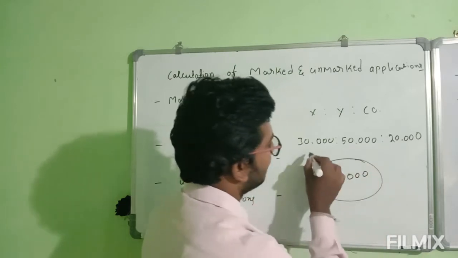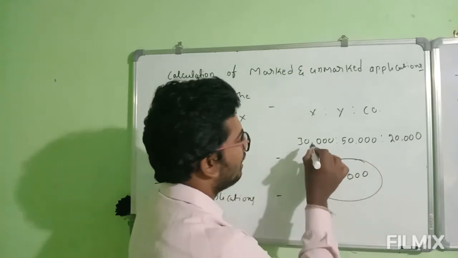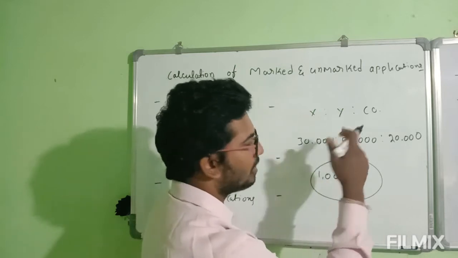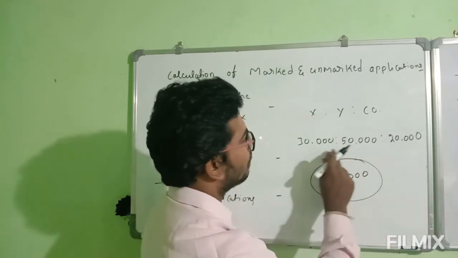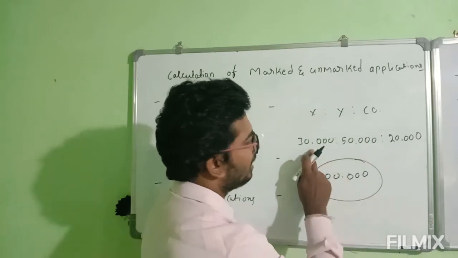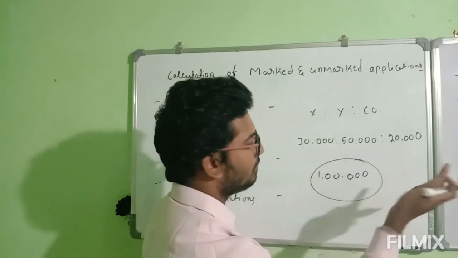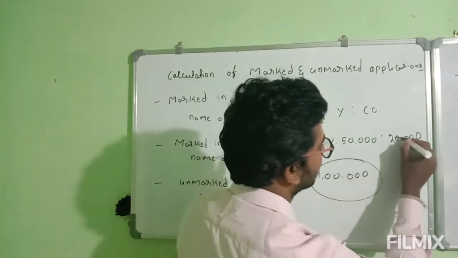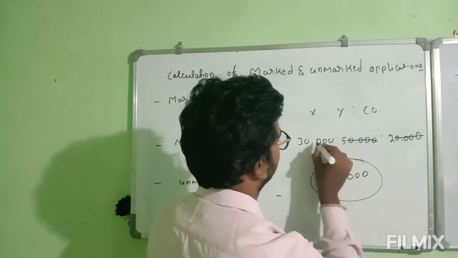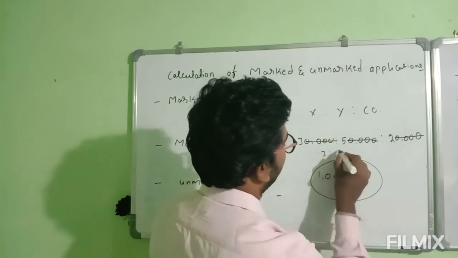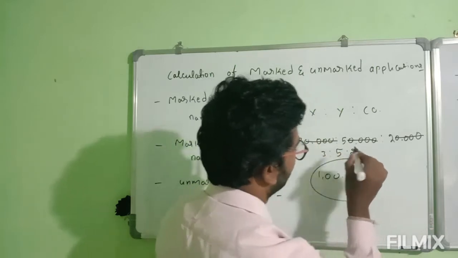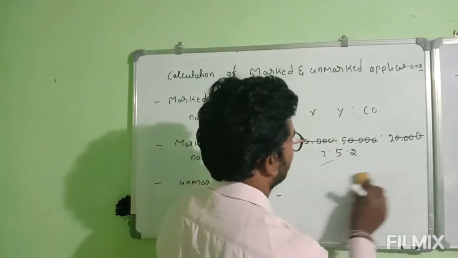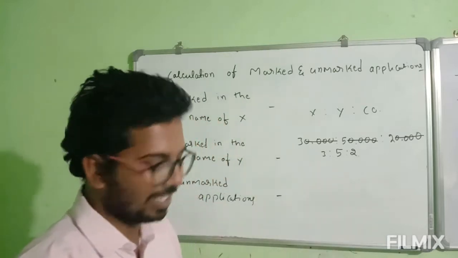They have given information about X, 30,000 shares, and Y, 50,000 shares. So obviously the remaining goes to the company. So X is to Y is to company, 30,000 is to 50,000 is to 20,000. That is what we call gross liability. Simplify: 4 zeros cancel, and we get 3:5:2. 3:5:2 is the gross liability ratio of X, Y and the company.